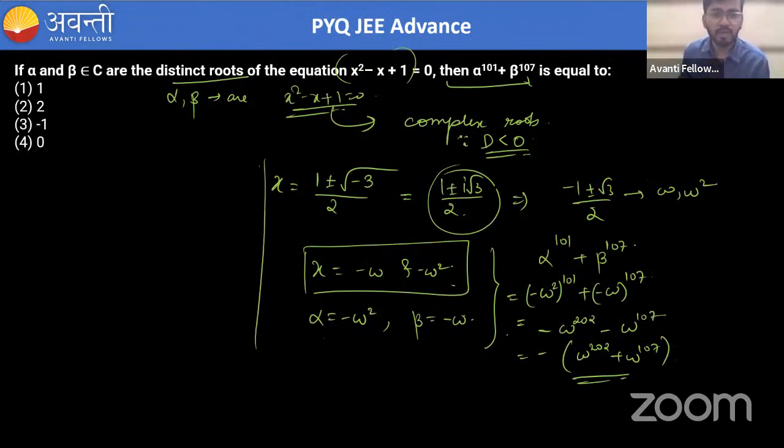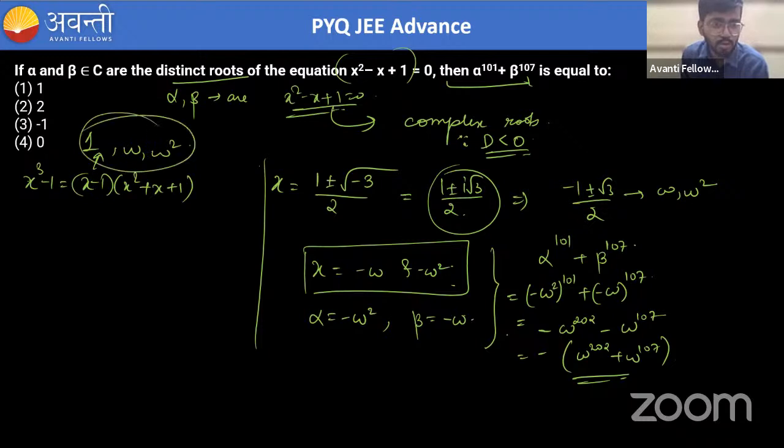So here in this question, the important part to remember was, first of all, that x cube minus 1 can be written as x minus 1 into x square plus x plus 1. So the cube roots of unity are 1, omega and omega square. Since these are cube roots of unity, omega cube is also equals to 1, right?